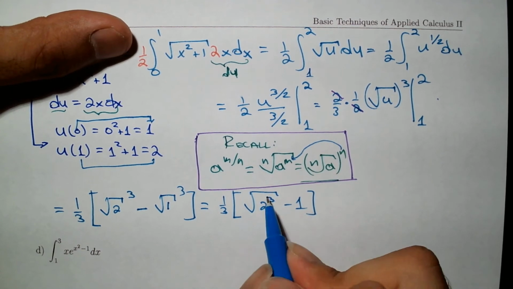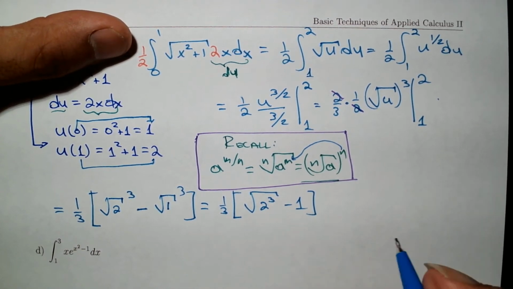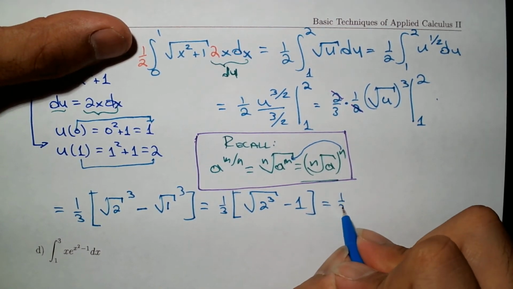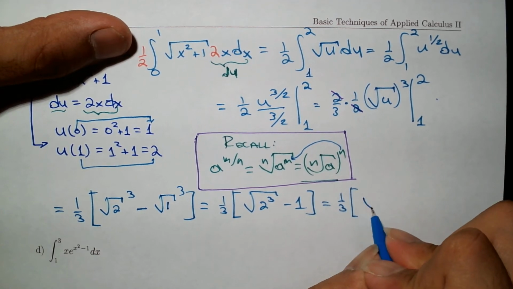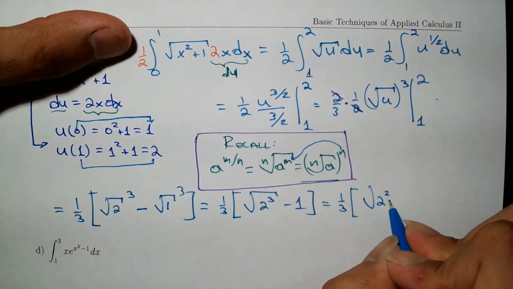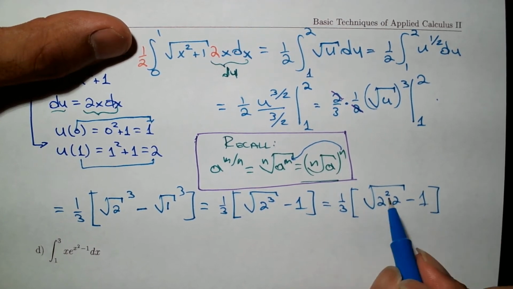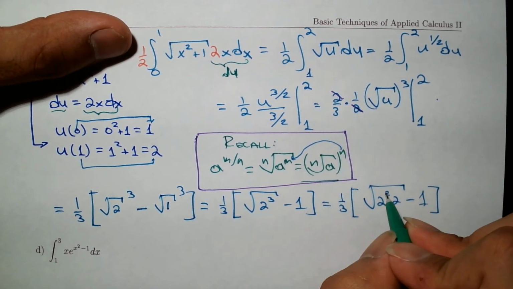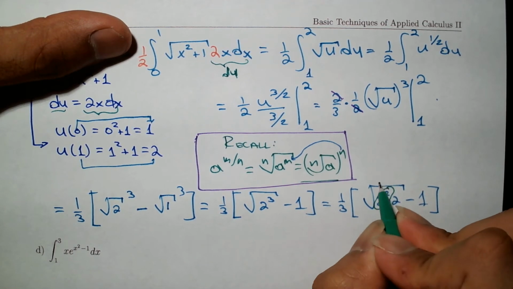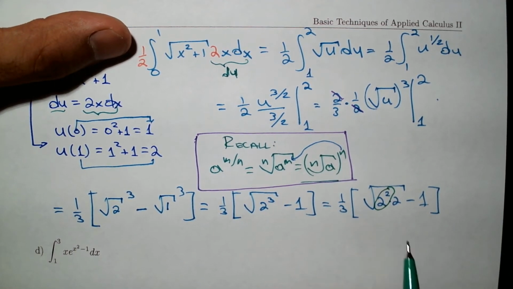Again, from intermediate algebra, you know you can simplify this as 2 squared times 2, minus 1. And this guy can be taken outside of the radical.